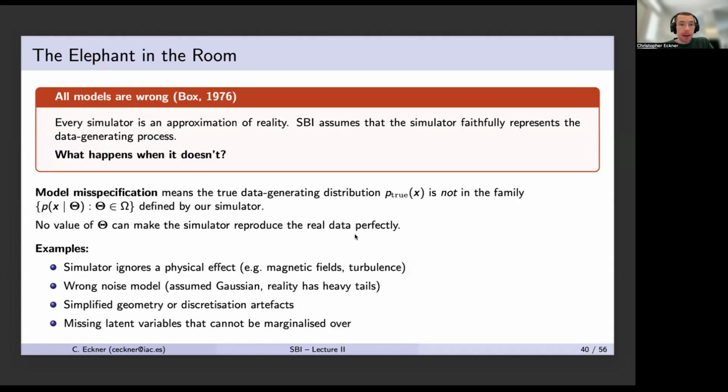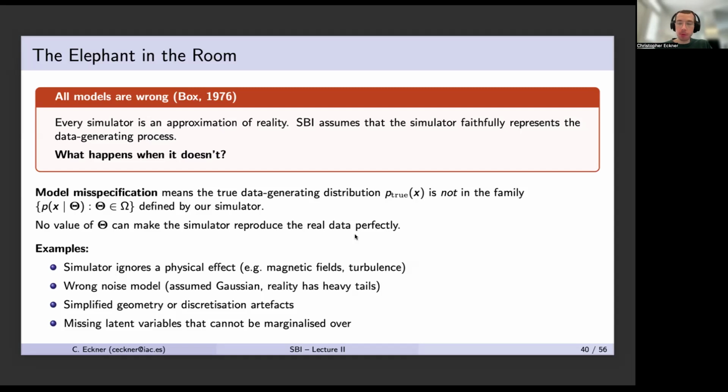Well, what could be an example? There are many examples for this, but your simulator might just ignore a physical effect, like the inclusion of, as always, magnetic fields and turbulence. You might have chosen the wrong noise model that doesn't work for your particular example, where you assumed Gaussian noise, but in reality, your noise rather has heavy tails. You simplified your problem by giving it a certain geometry.